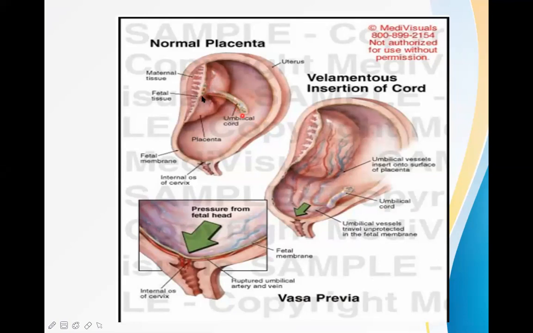But in this condition, the umbilical cord is inserted a little bit far away from the main placenta into the fetal membrane, and through that membrane it is reaching the placenta. And there is an internal os. So it is also traversing the internal os, and this is called vasa previa. Very high chance of hemorrhage during the third trimester.